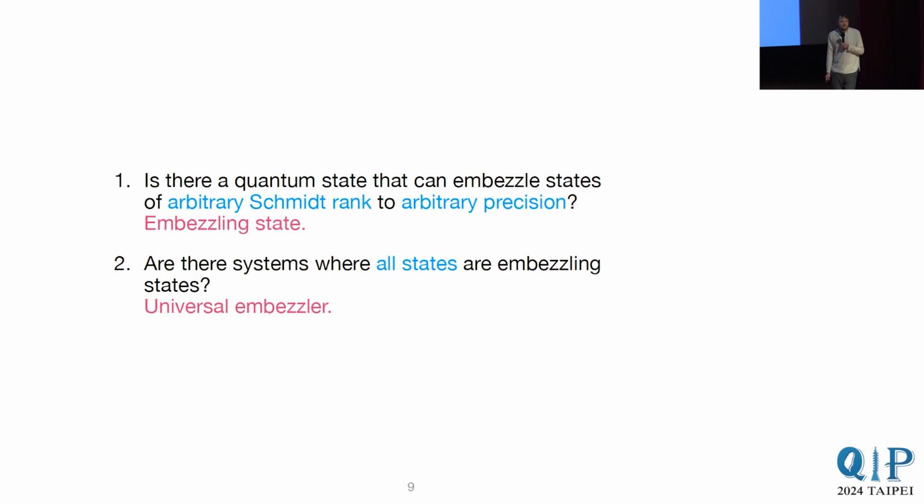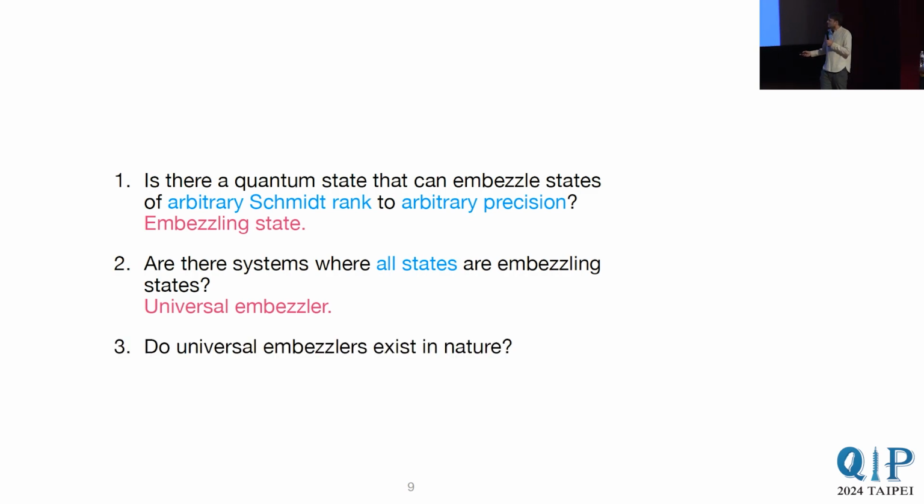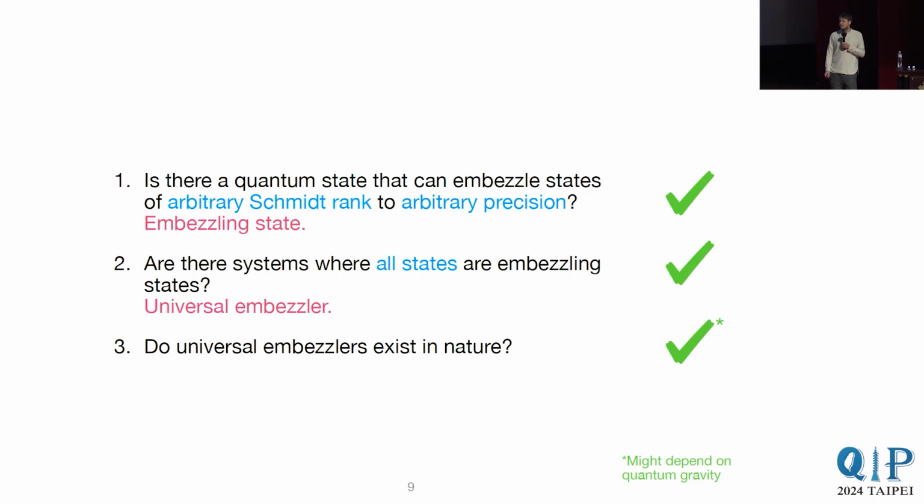This seems a bit far-fetched, but okay, let's just ask this question. And third, if these exist, could they possibly exist in nature, as actual physical systems and not just mere mathematical artifacts? What we will try to do in this talk is to convince you that the answer to all of these questions is yes, they exist. And they might even exist in nature.